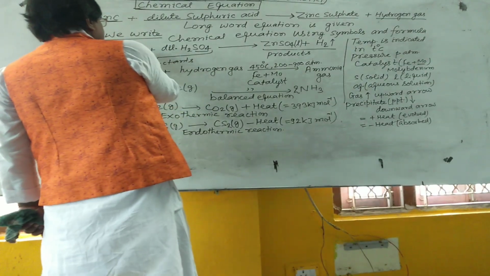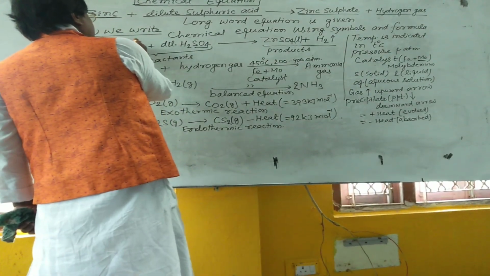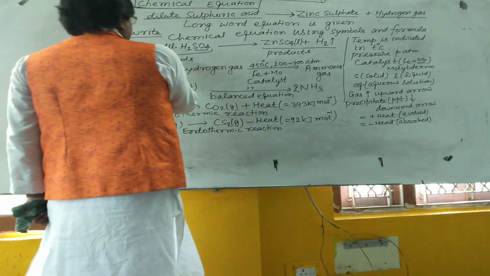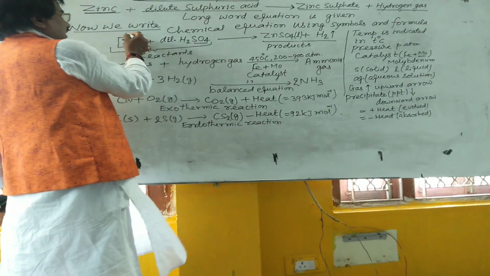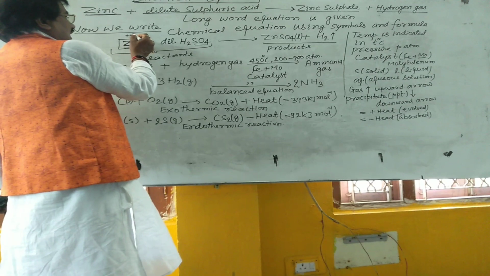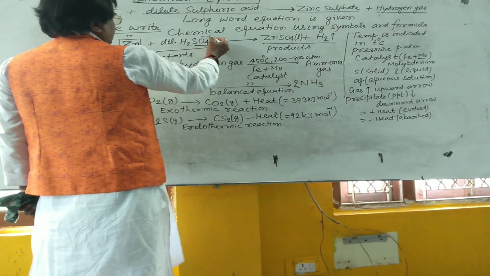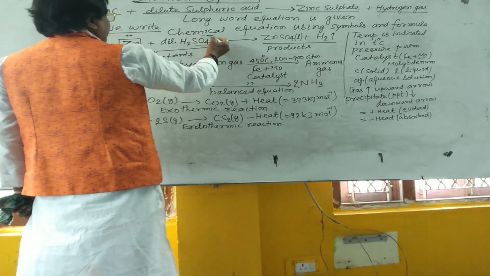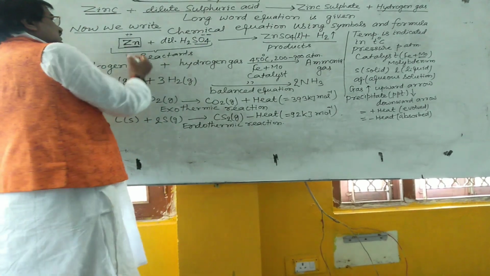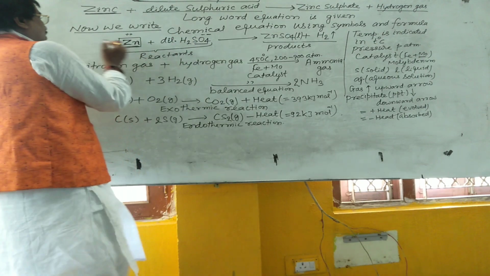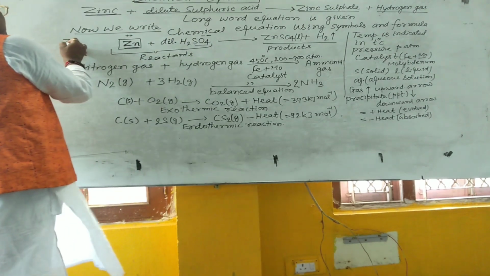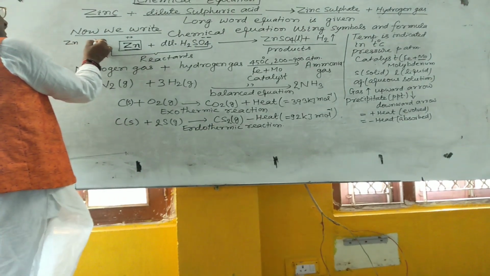Then Zn reacts with SO4. You know, all metals are electropositive in nature and all non-metals, groups, radicals are mostly negative in nature. So Zn reacts with SO4 like this, ZnSO4.